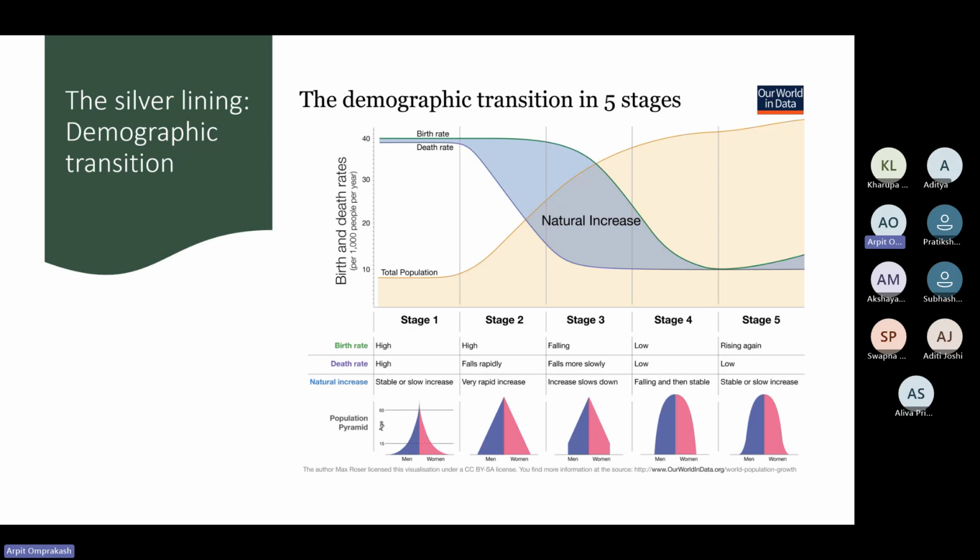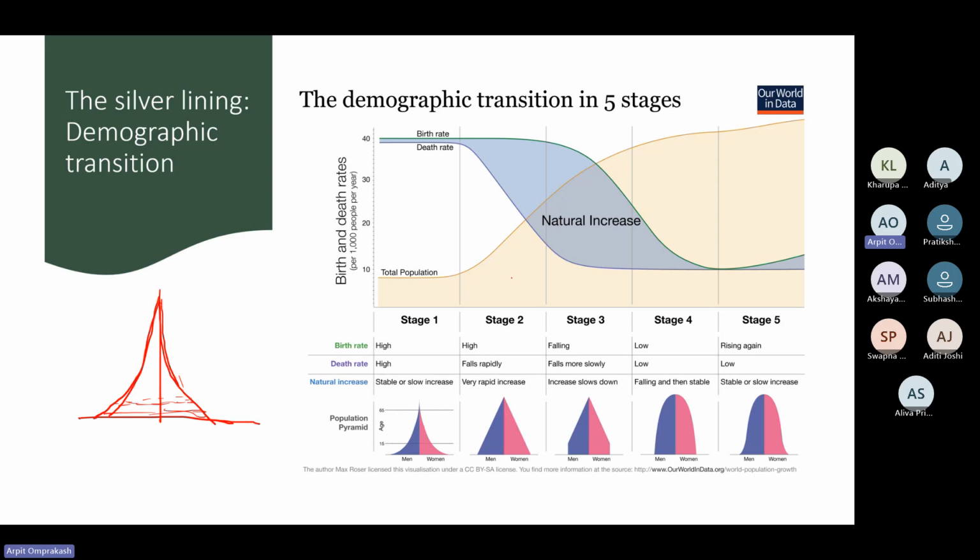If you look at the population pyramid for stage one, it is like a concave triangle, slightly like this. There are more children born, but many of them die off. That's why the number of individuals in these age groups decreases. So to compensate for this death, there is a very high birth rate.